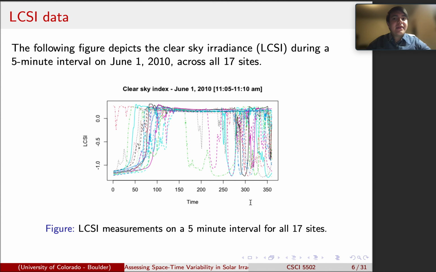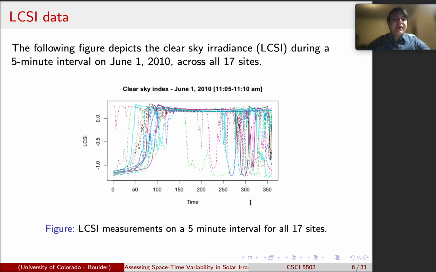That is what we call the LCSI data. The following picture depicts the log clear sky irradiance data of all 17 sites during a 5-minute interval on a particular date of the summer.